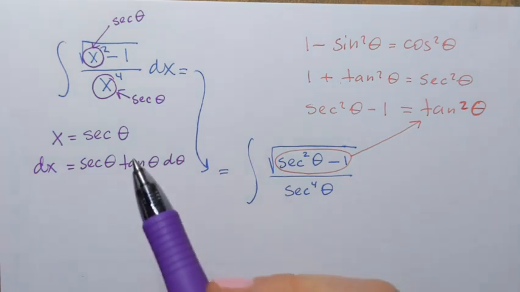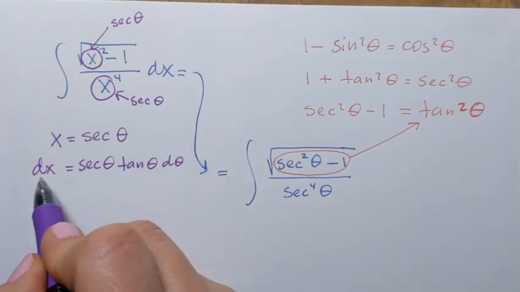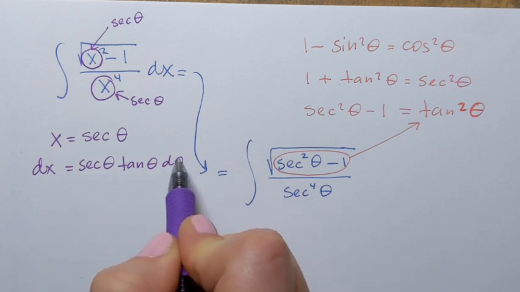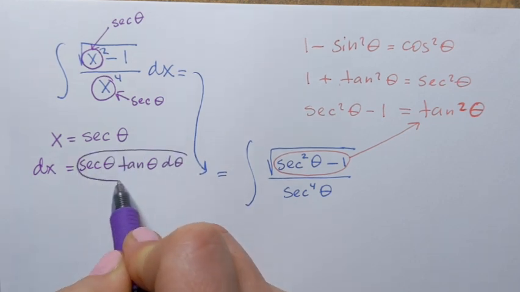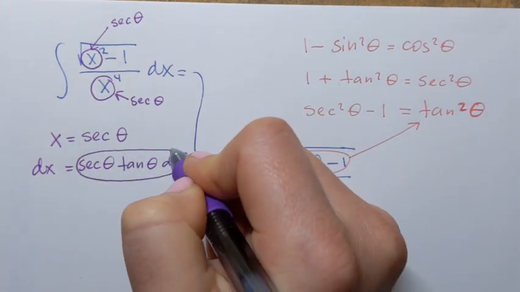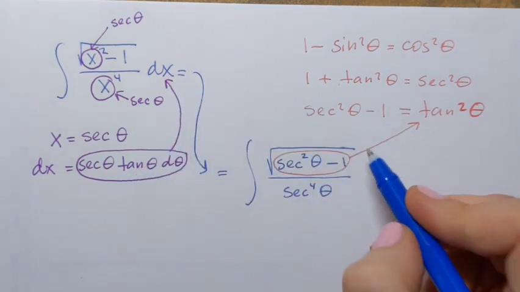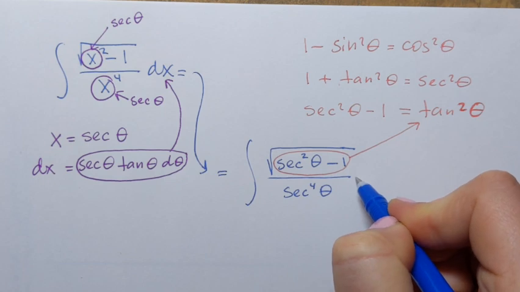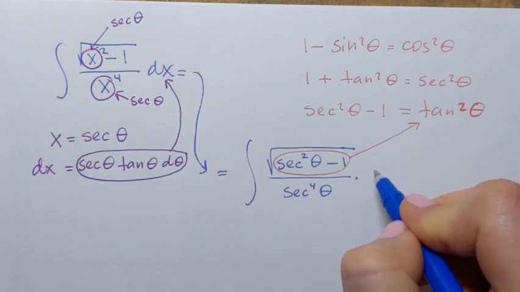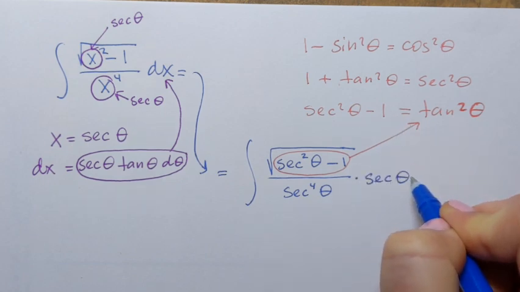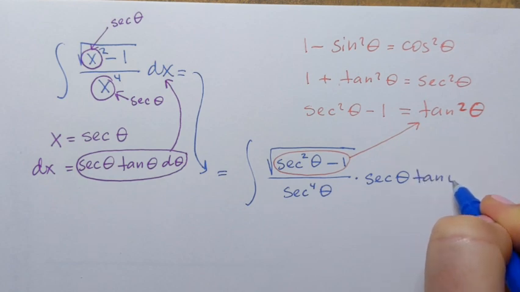So what it means is that differential dx has to be replaced by this expression. So that's what I'm placing instead of dx. And as I continue the integral over here, I'm going to write this down. So instead of dx, I'm writing secant theta tangent theta d theta.